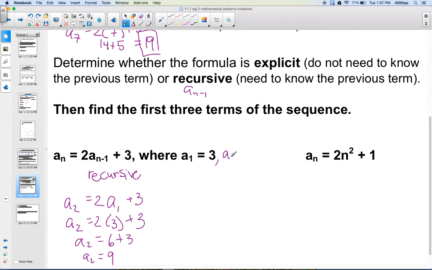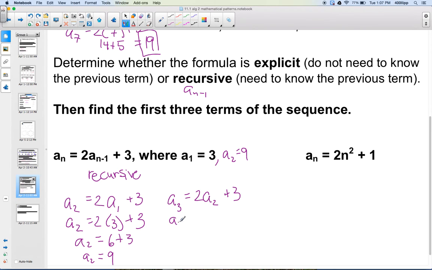I'll write that here. a sub 2 is 9. Now we're going to find our third term, a sub 3. We're still using our same recursive formula. a sub n minus 1 means the previous term, so the previous term from a sub 3 is a sub 2, and then we have plus 3.